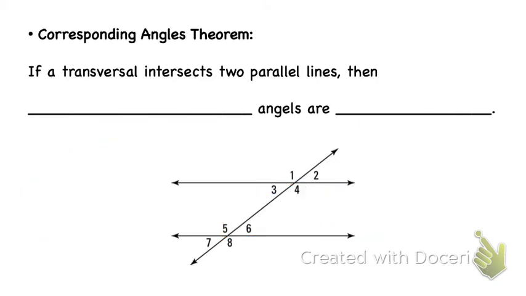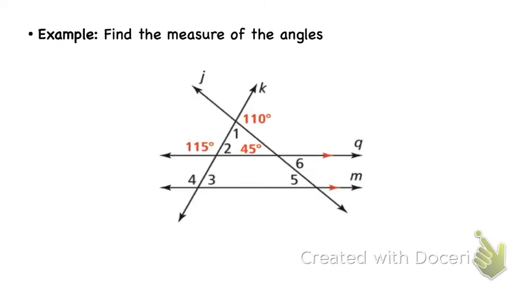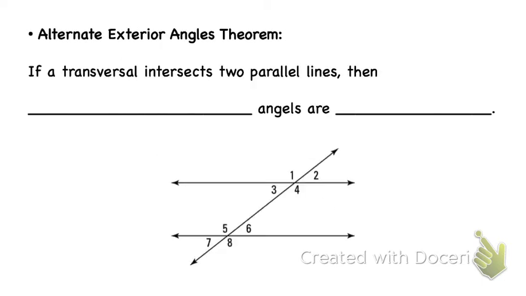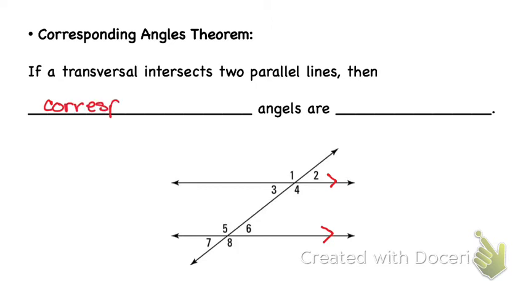Next thing we're going to do is corresponding angles theorem. If a transversal intersects two parallel lines, so we're going to make them parallel, then corresponding angles are congruent.